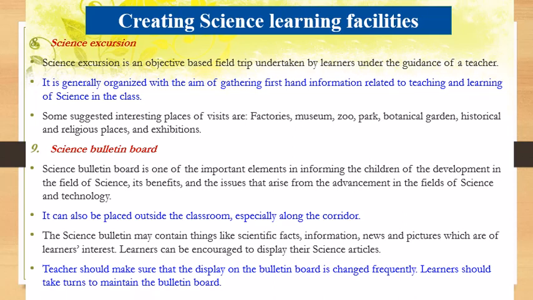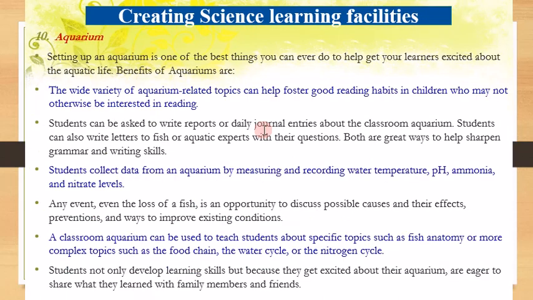Okay, then aquariums. An aquarium setting is one of the best ways to teach children the behavior of the animals found in the water. For example, when we say that an animal has a streamlined body, it is so challenging for us to imagine how the streamlined body is.